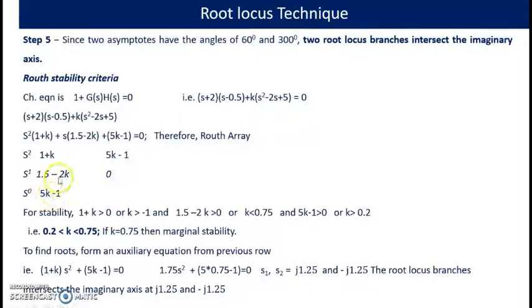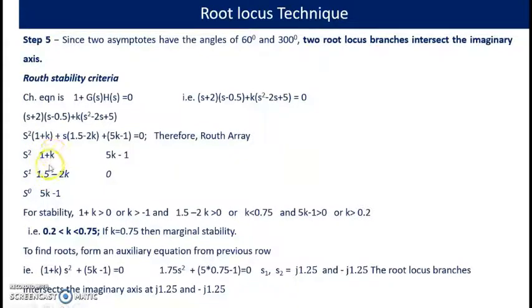So this term is this term into this term divided by this term itself, that is (5K minus 1) minus 0 into (1 plus K), so this term itself is 5K minus 1. Now in order for the system to be stable, there should be no sign changes in the first column.